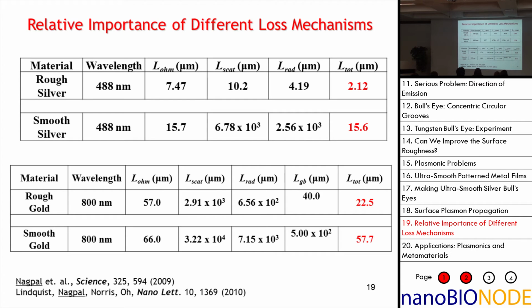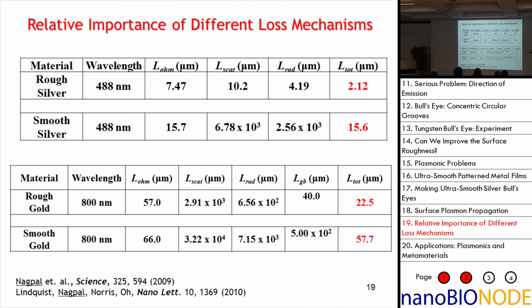As you can see, simple rough silver at 500 nanometers would only give you 2 microns of plasmon propagation, whereas smooth silver would actually give you a 15 micron plasmon propagation length. And you could see that scattering and radiative losses are almost virtually eliminated. If it was just radiation or scattering, you would have almost millimeter length scale plasmon propagation. But we know that the ohmic losses are there, and they form a substantial part of this.